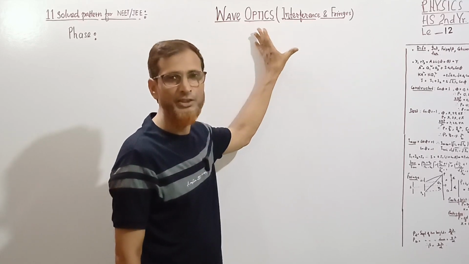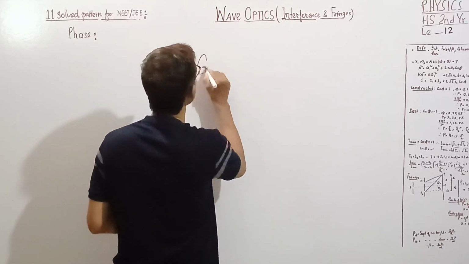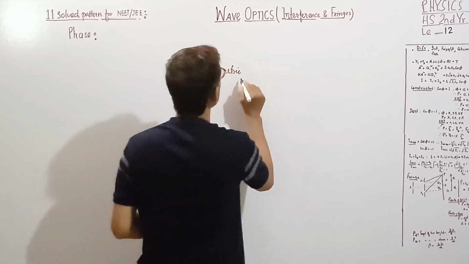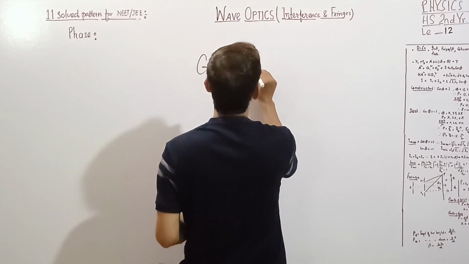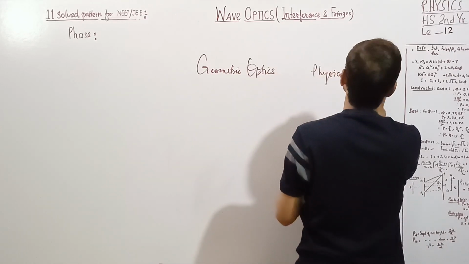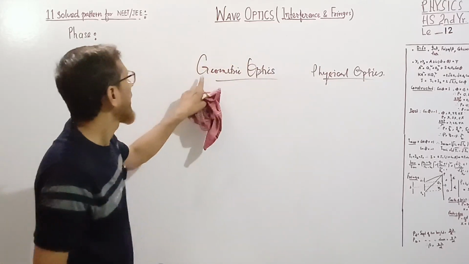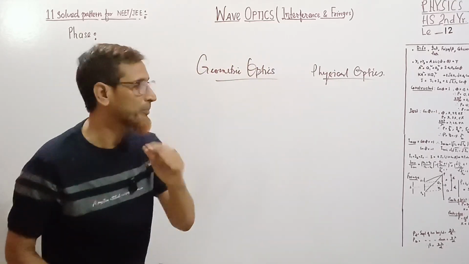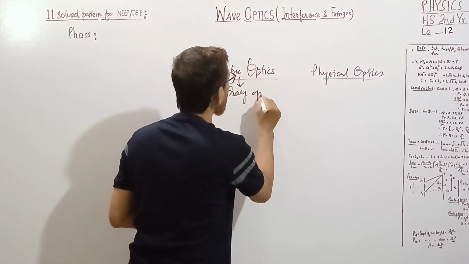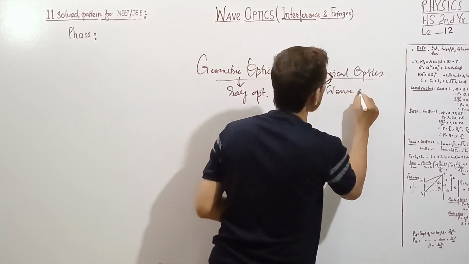The topic wave optics is very important because optics may be broadly divided into geometric optics and physical optics, and geometric optics is nothing but ray optics and physical optics is nothing but wave optics.